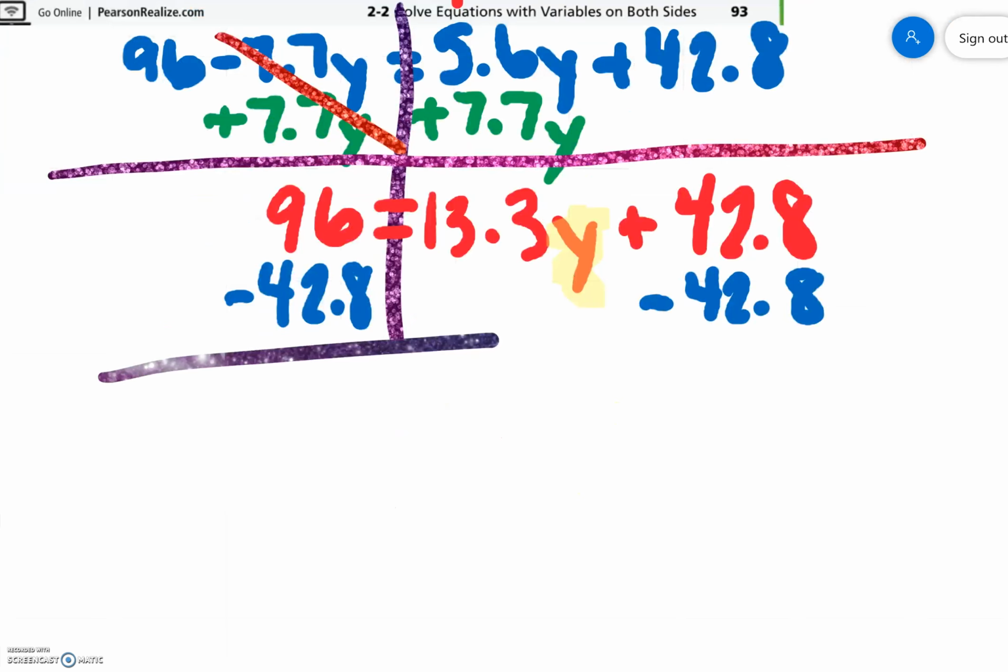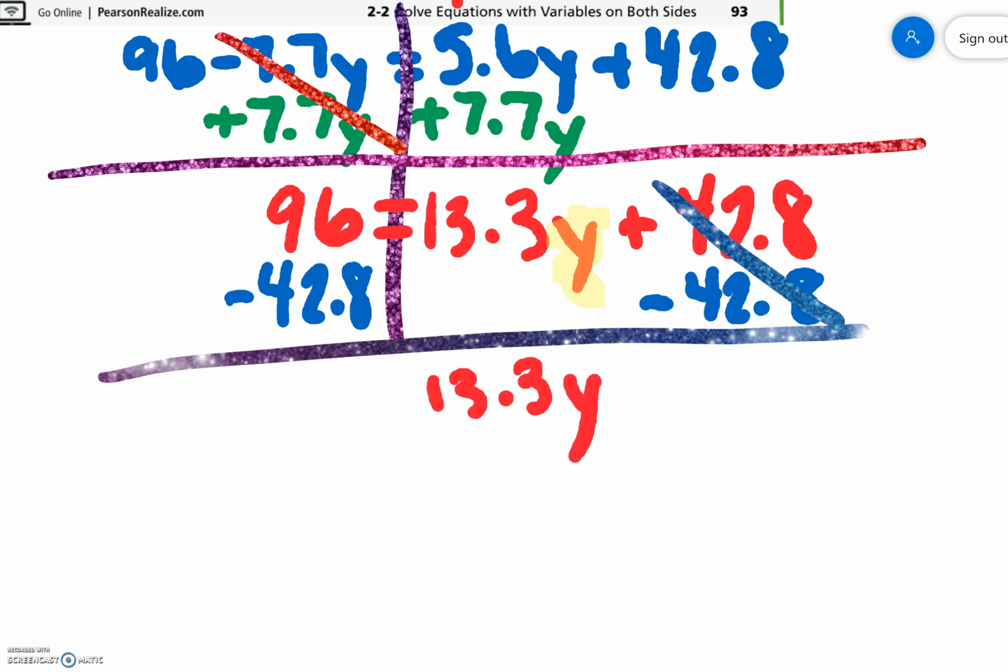Okay. These cancel right out, and we're left with 13.3y on this side, equaling, let me grab my calculator, 96 minus 42.8 to give me 53.2.